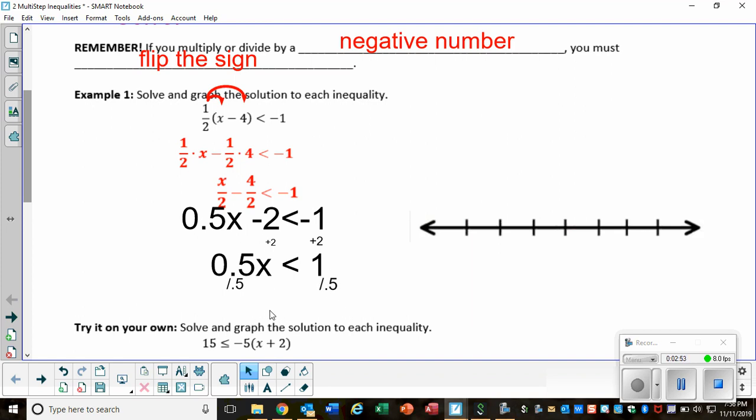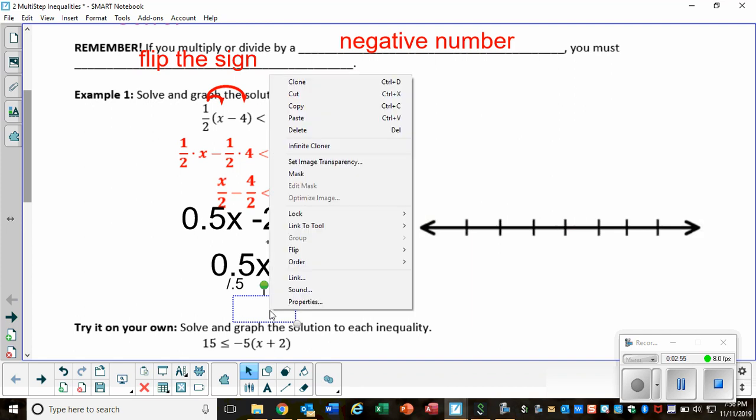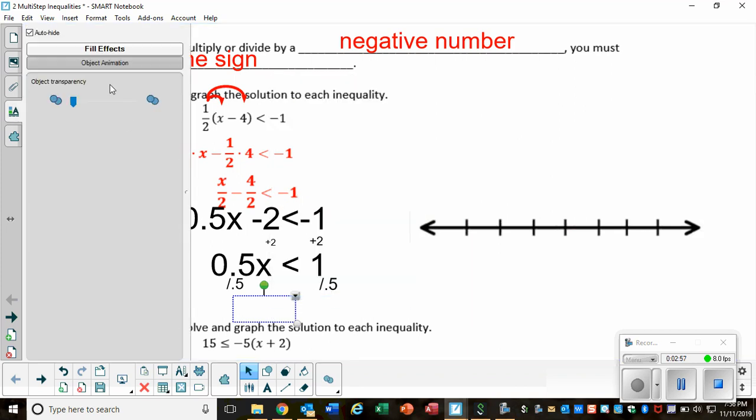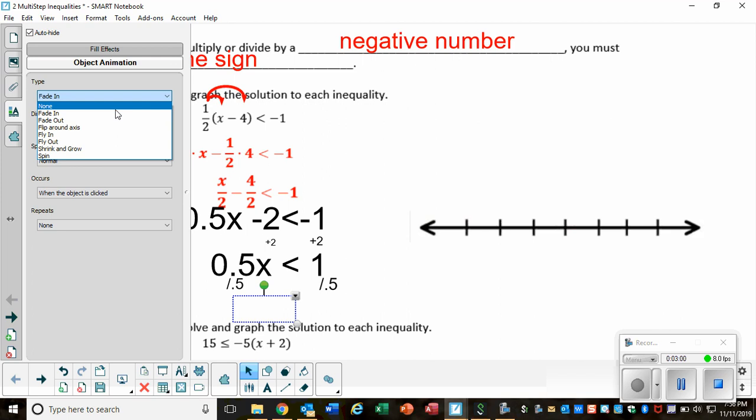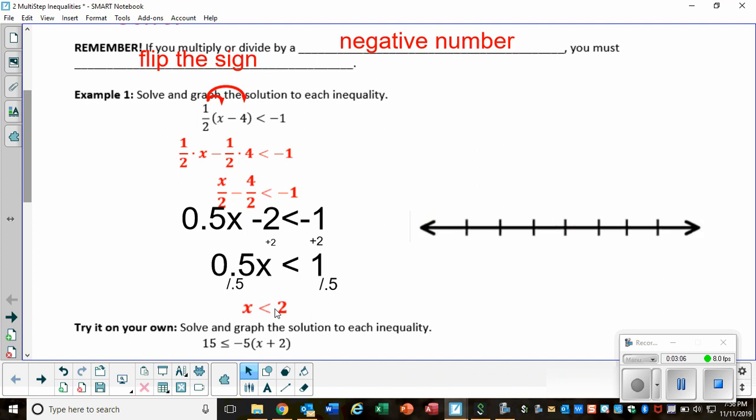When you divide 1 by 0.5, you get 2. So x is less than 2.